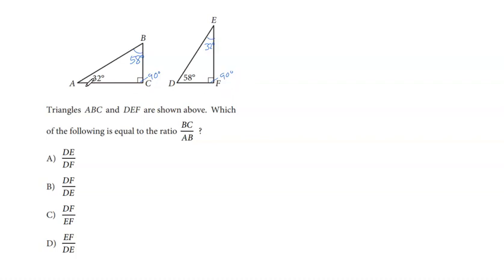Now we have to look for AC and BC, which one corresponds to which. From the angles, we can see that DF corresponds to BC. So if it says BC over AB, when we come here, it's going to be DF over DE.